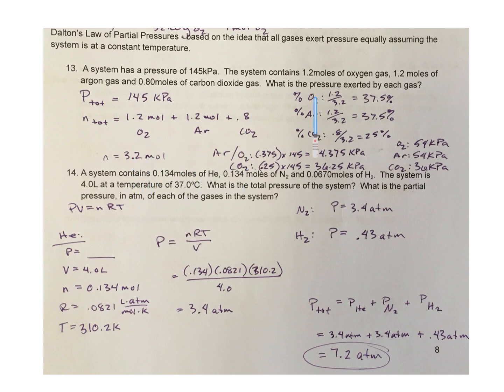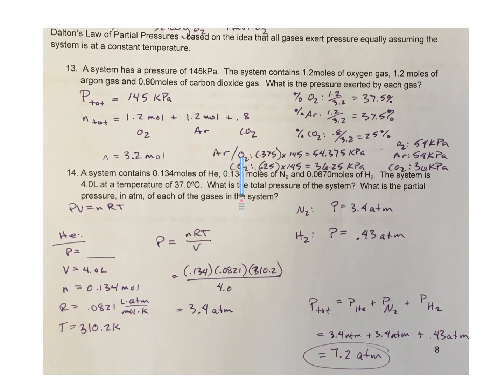So the percentage of oxygen molecules is 37.5%. 37.5% of the molecules are argon, and a quarter of the molecules are carbon dioxide. So of all the particles contained in this container, we know these are the percentages of each of them.